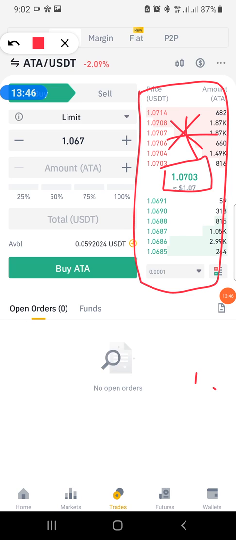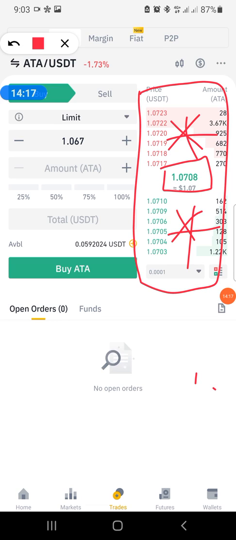While this other column here is for buy orders. When you make a pending order, maybe a buy limit order at a price lower than the current market price, here is the current market price.